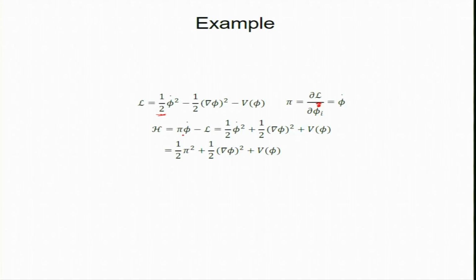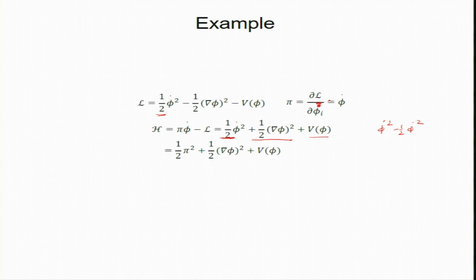So the Hamiltonian will be pi phi I dot minus L. Now, pi is nothing but phi dot. So what will I get: phi dot times phi dot, which is phi dot squared, minus half phi dot squared. Then the minus minus becomes plus, so plus half grad phi squared plus V of phi.